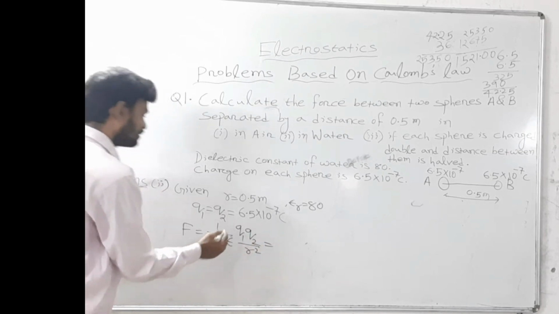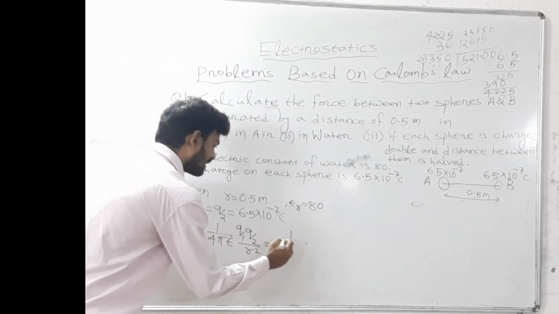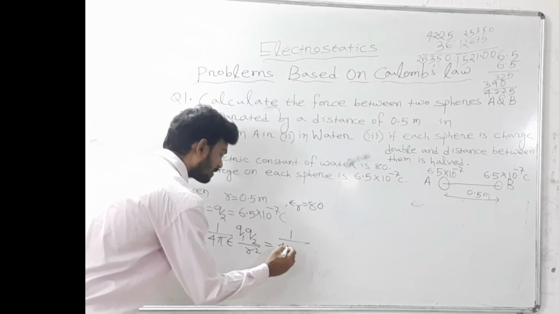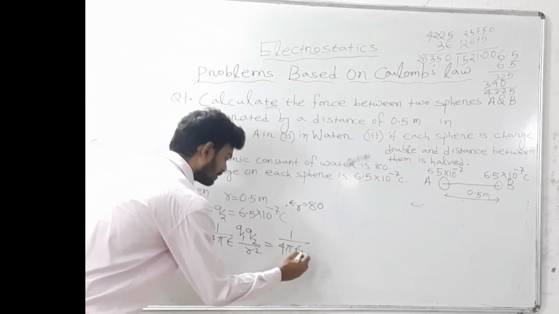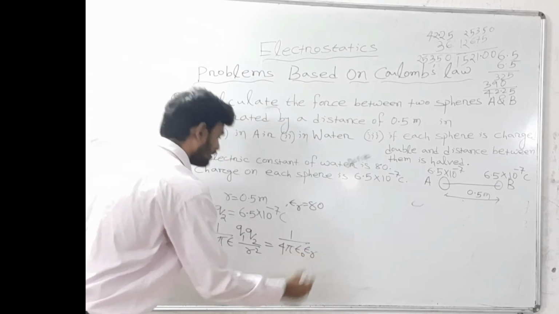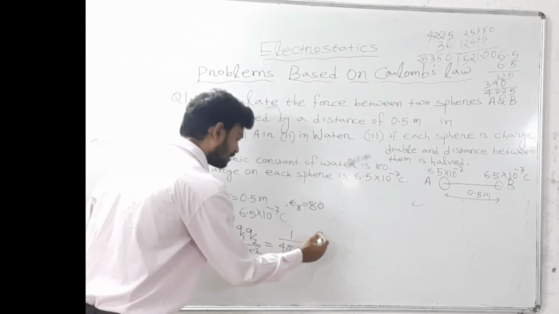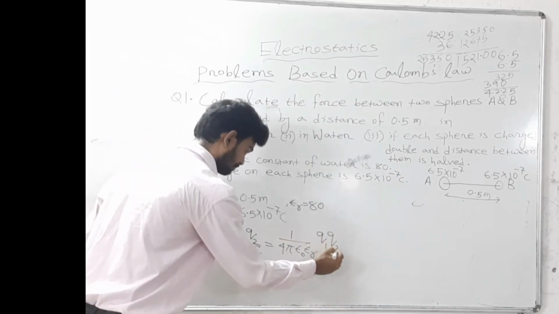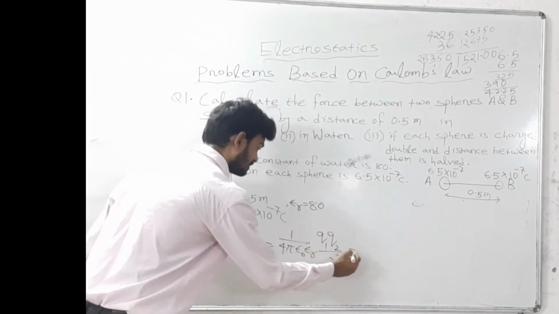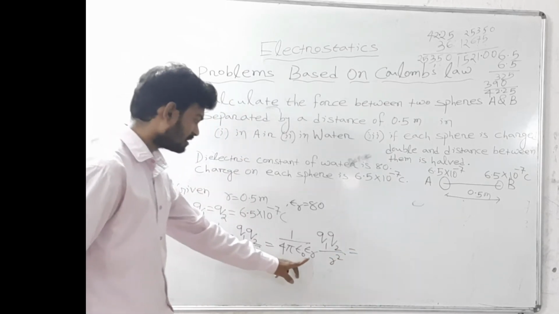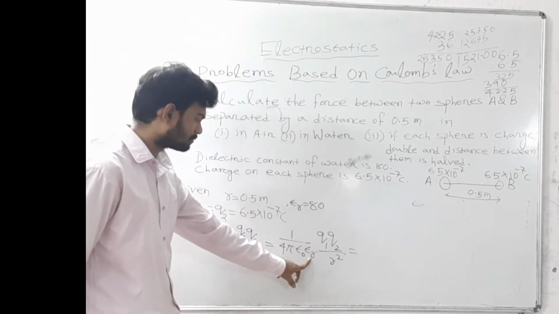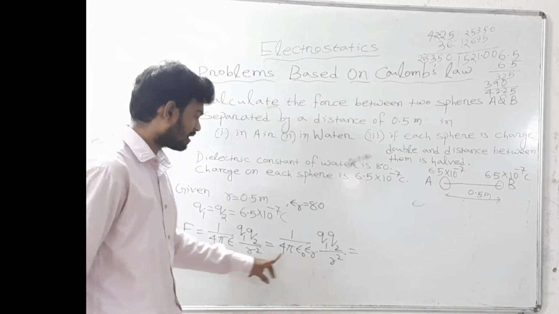We know that epsilon is equal to epsilon naught epsilon R, so F equals 1 by 4 pi epsilon naught epsilon R, Q1 Q2 by R square. Here we have to take epsilon R out.